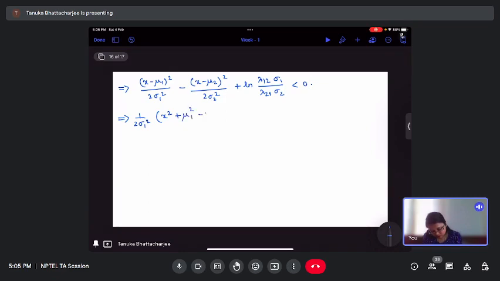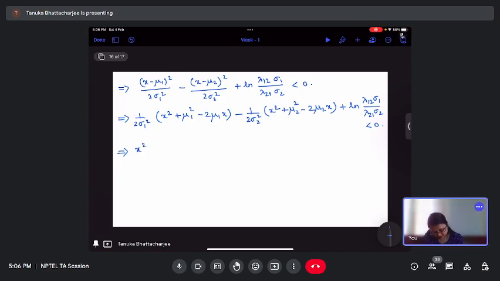Square: mu 1 square minus 2 mu 1 x, this will also become x square plus mu 2 square minus 2 mu 2 x, plus ln of lambda 1 2 sigma 1 by lambda 2 1 sigma 2, less than 0. So, as you can see, this is a quadratic equation. When you have this type of condition, the classifier that we get is a quadratic classifier.